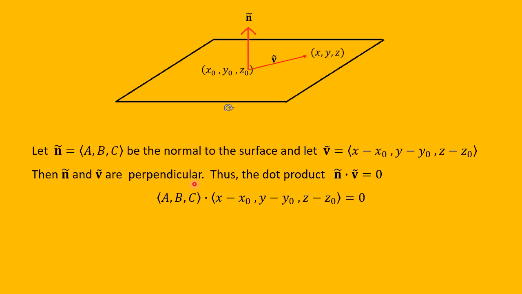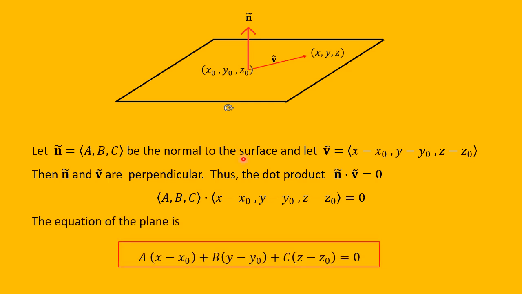It's this component times this component plus the second component times the second component plus the third component times the third component. So this vector equation can be rewritten as a times (x minus x0) plus b times (y minus y0) plus c times (z minus z0) equals 0. So this is one way that we can write the equation of that plane.